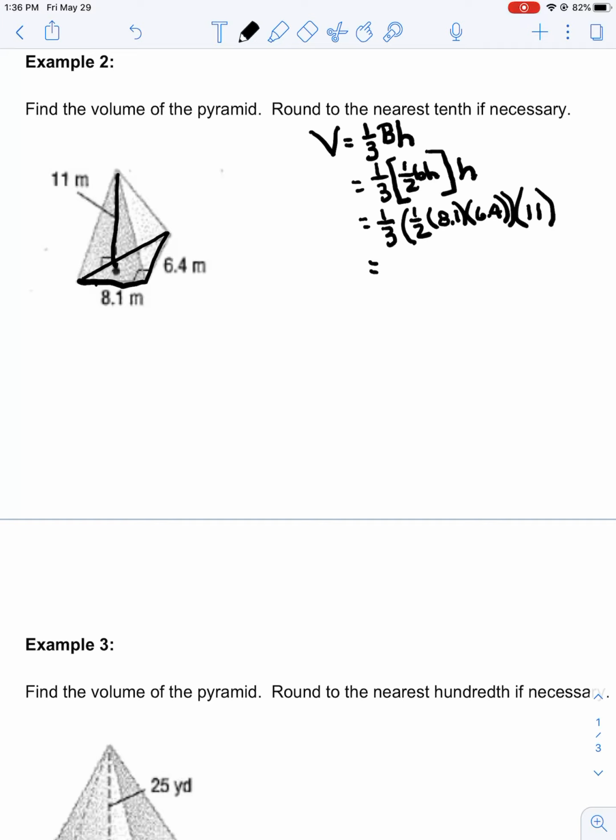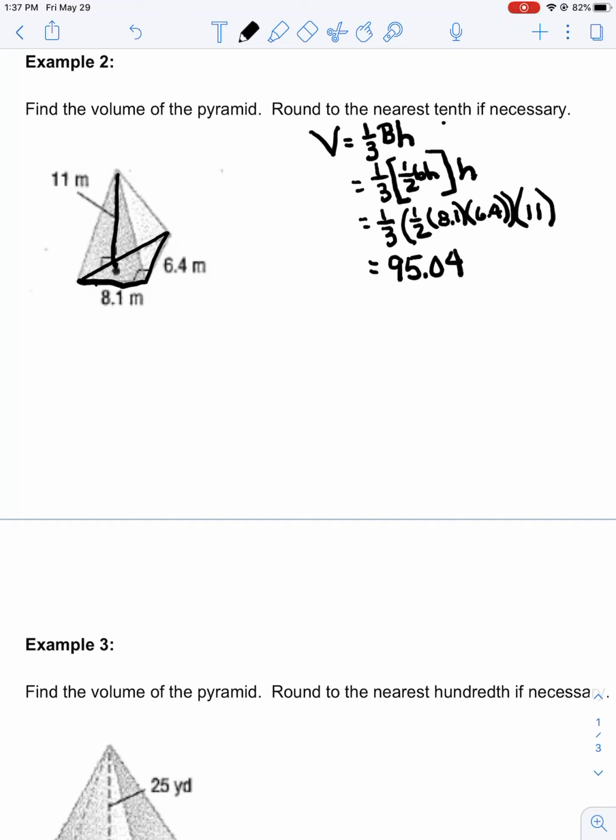So now, again, I can multiply all these numbers together all at once. So 1/3 multiplied by 1/2 multiplied by 8.1 multiplied by 6.4 multiplied by 11, and we get 95.04.